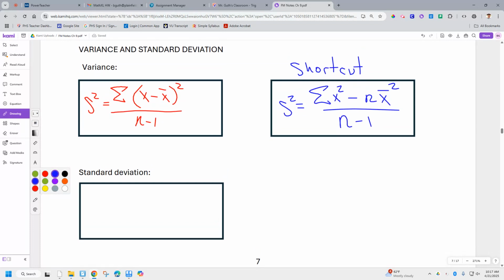Standard deviation. Now remember, standard deviation is the square root of the variance. We already talked about that. So all we have to do is take that variance equation, and we want the square root of that. Standard deviation is S. It's going to equal the square root. And I'm just going to copy my shortcut formula.